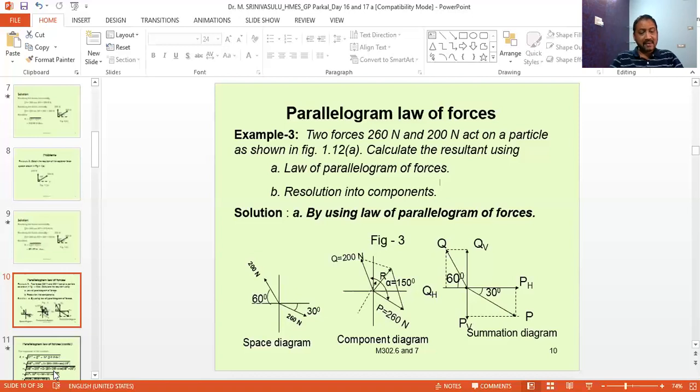Now we can simply find out the angle between the two forces.